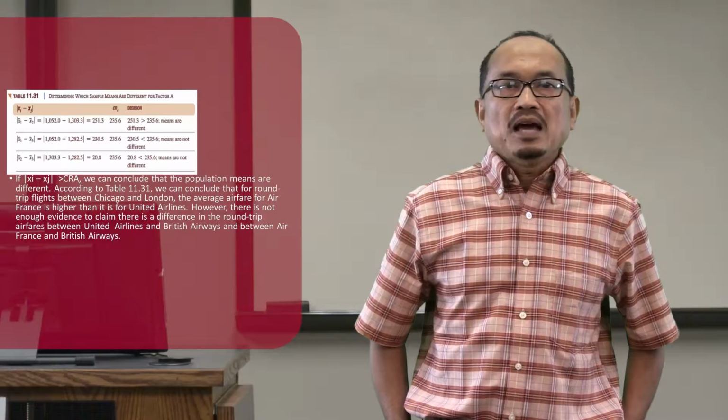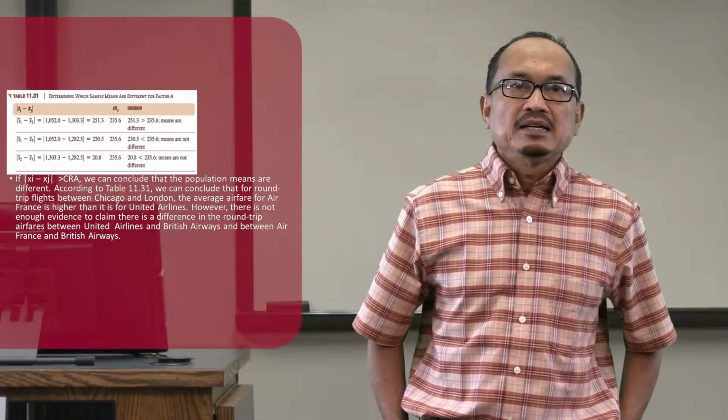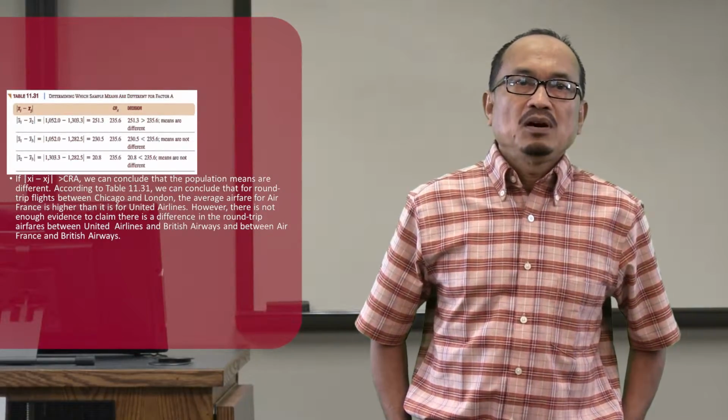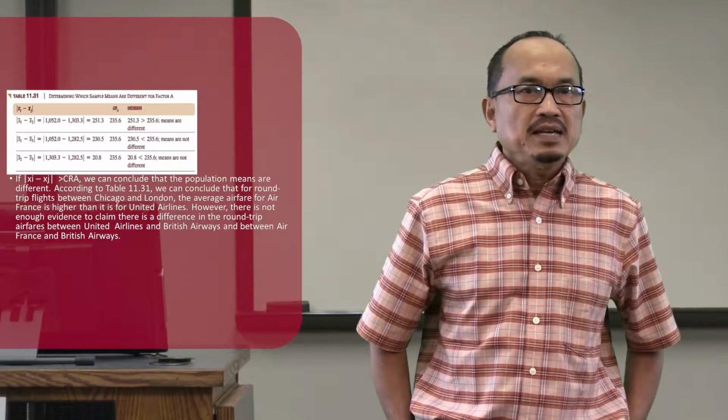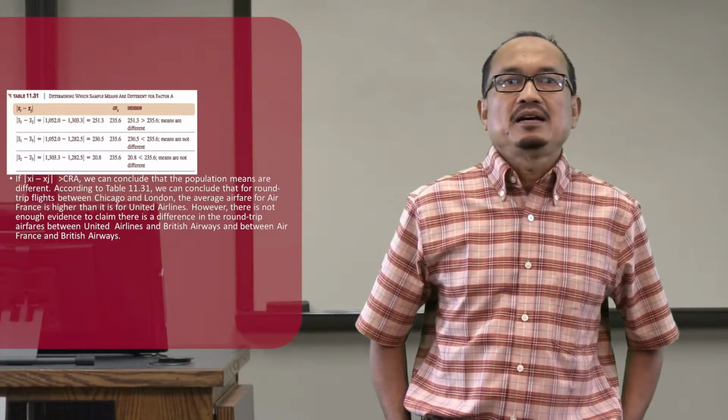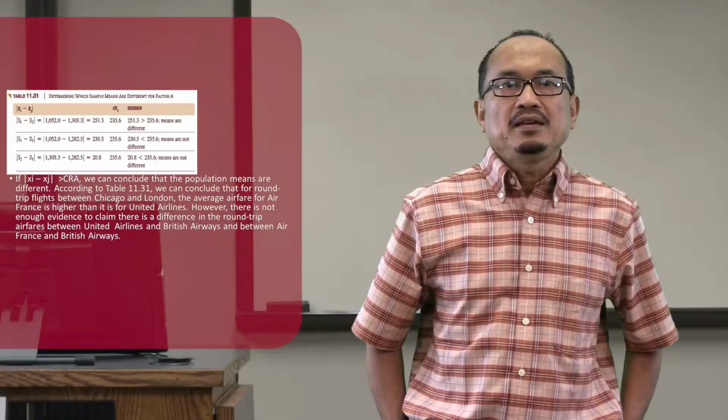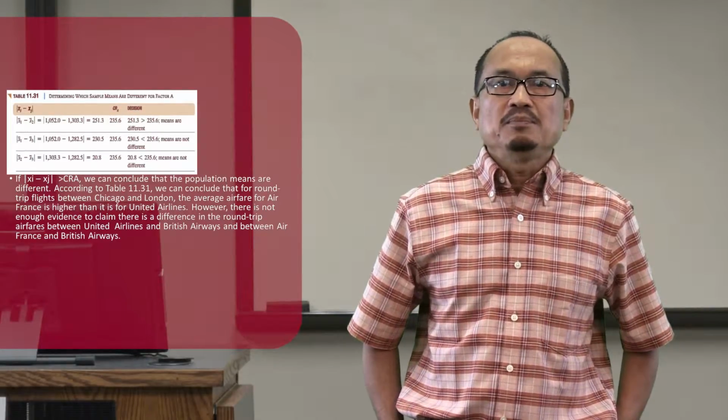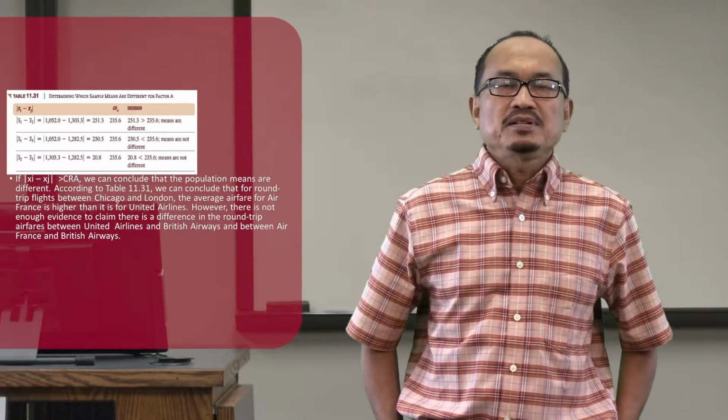If the absolute value of xi minus xj is greater than CRA, we can conclude that the population means are different.